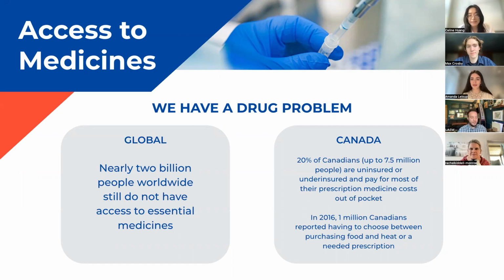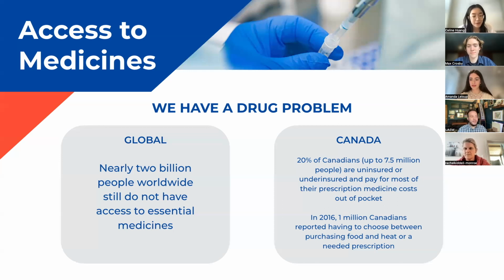And in Canada, despite an existing universal government healthcare insurance, outpatient prescription medicines and a lot of essential medicines are still provided through a patchwork combination of public and private healthcare drug plans, which leaves many individuals to bear the financial burden of paying for these medicines themselves.